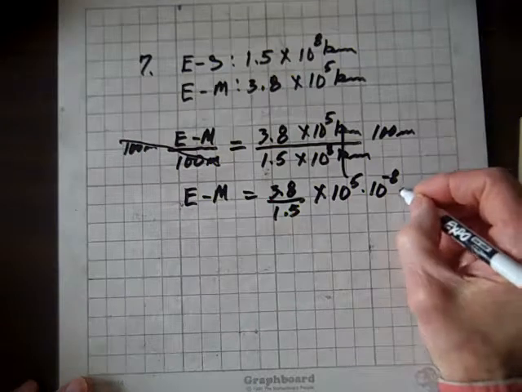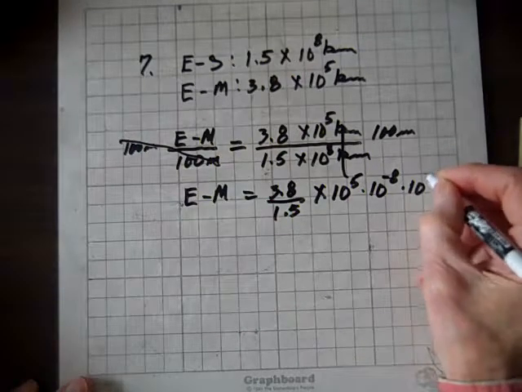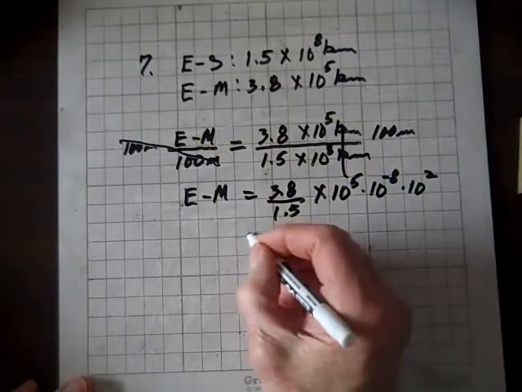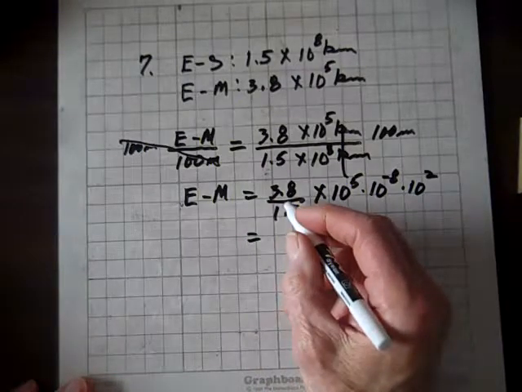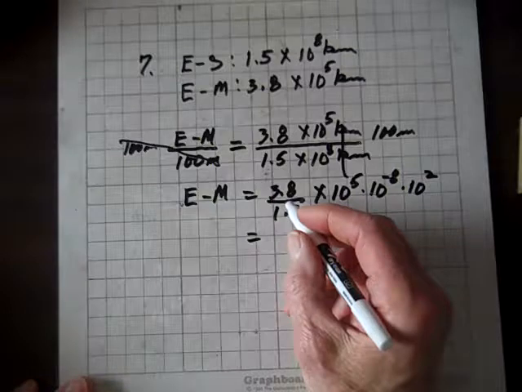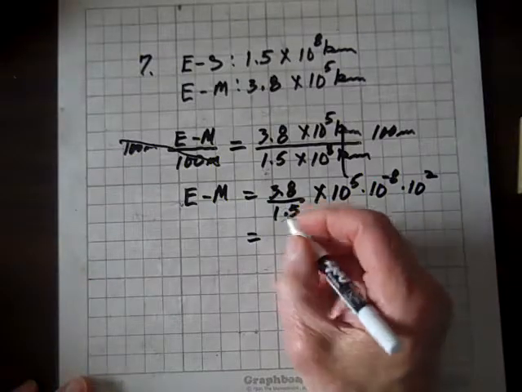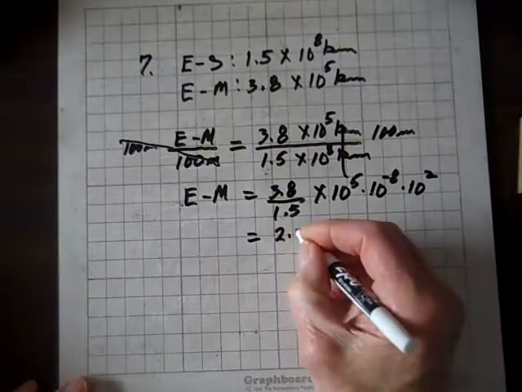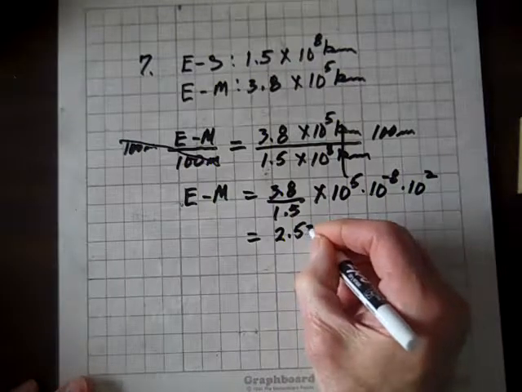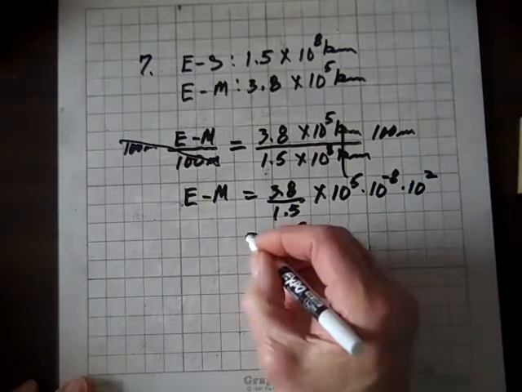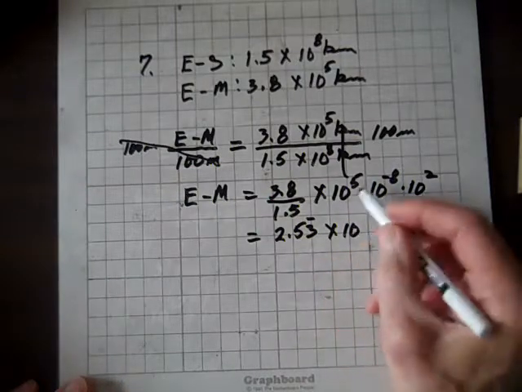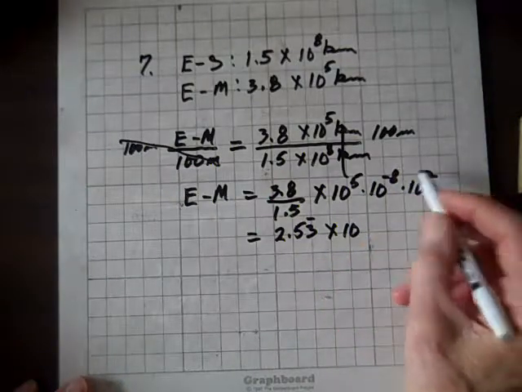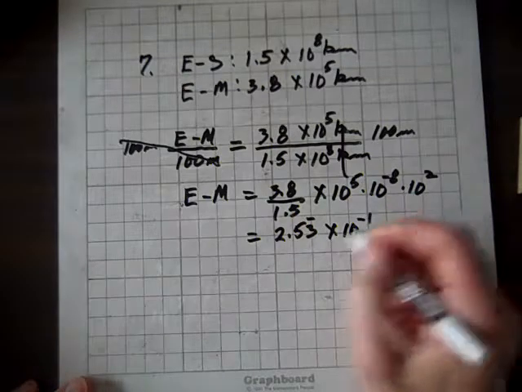And 100 is the same as times 10 to the second. And now this quotient, 3.8 divided by 1.5, turns out to be 2.53, and that's repeating, times 10 to the 5 plus 2 is 7 minus 8 is negative 1.